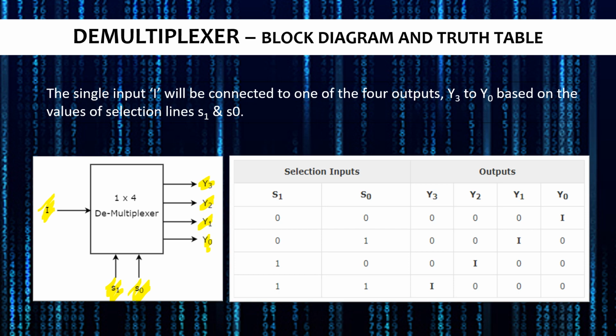Based on the values of the selection lines, if we have 0 0, in that case my Y0 output will be activated, or my input line will be connected with Y0, and similarly for the other output lines. So this is about the block diagram and truth table of the demultiplexer.